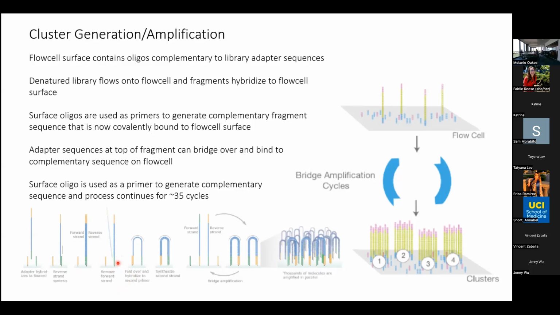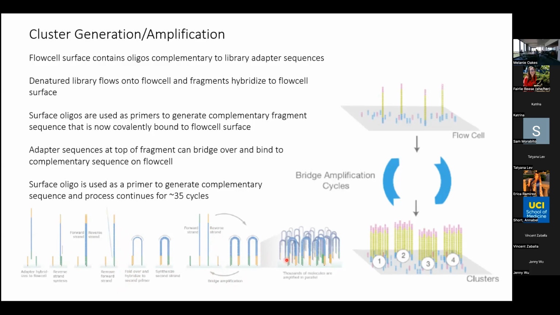And this is where the bridge amplification comes in: because we have this other end up here, it just bends over to hybridize to another oligo on the same surface of the flow cell. It uses that oligo as a primer and makes another copy. So what happens is that this process gets repeated about 35 times.